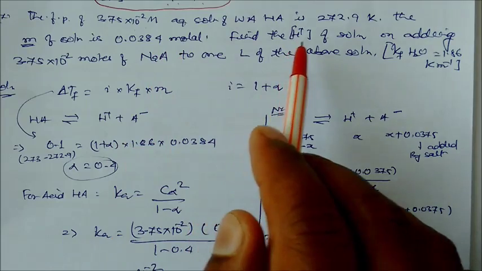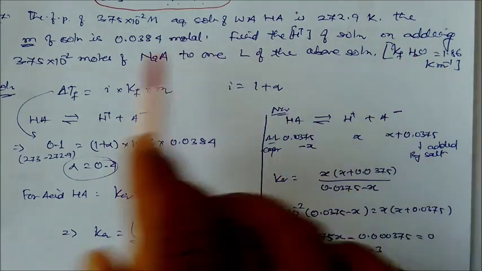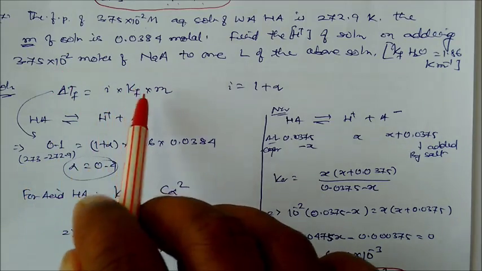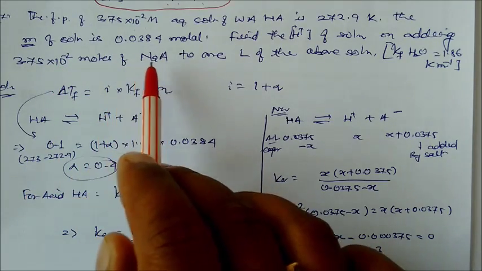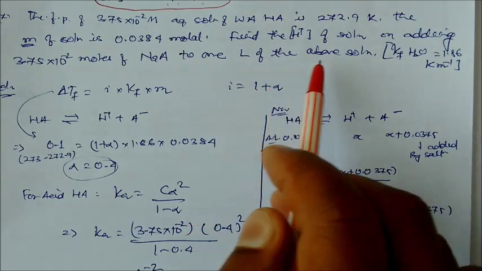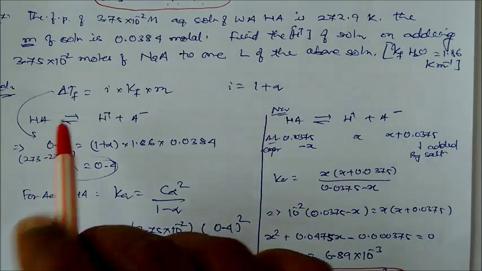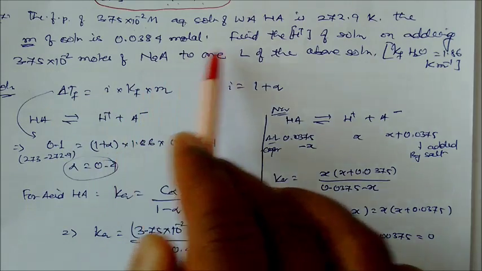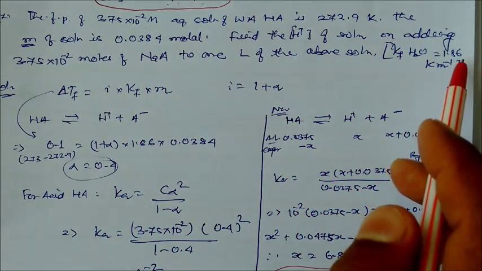Find the concentration of H plus in solution on adding 3.75 into 10 power minus 2 moles of sodium A, this salt, to 1 liter of the above solution. If you take 1 liter of solution, we are adding this much salt. So what is the H plus there? KF for water is given as 1.86.